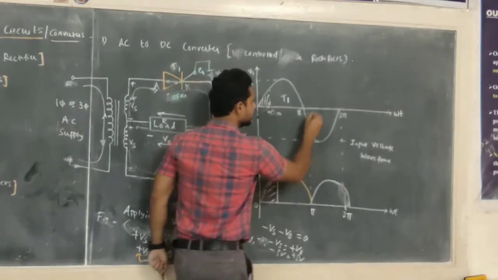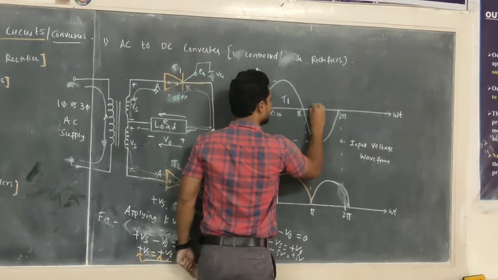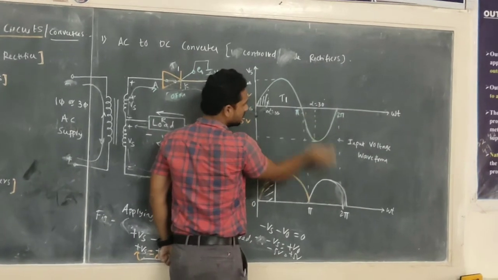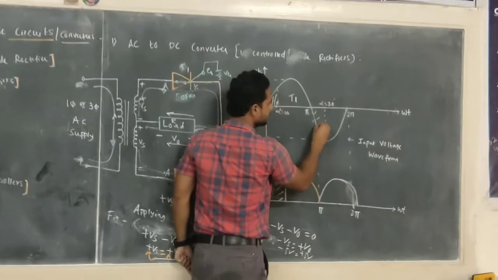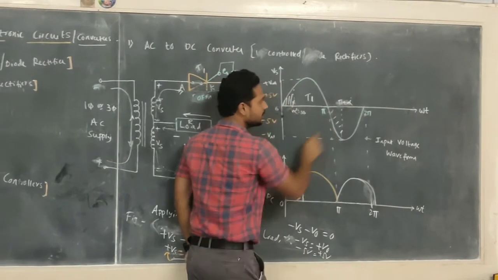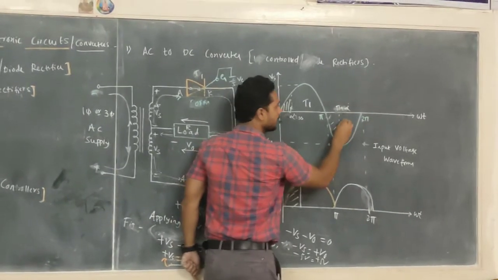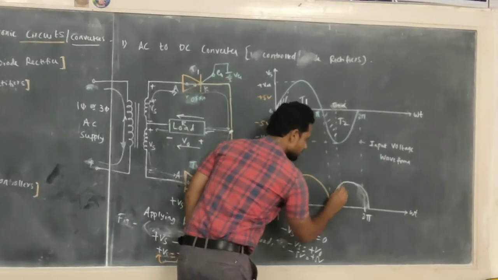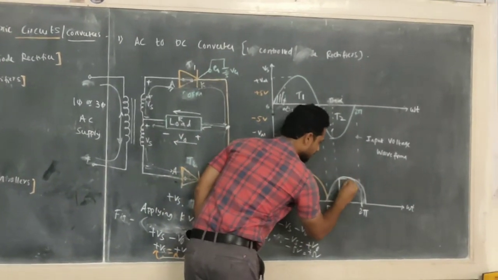The same thing holds for the negative half cycle. Again, you can set a firing angle of 30 degree. Up to this time duration, your thyristor T2 will not conduct. Let us say this is pi plus alpha; from pi plus alpha to 2 pi, your thyristor T2 will conduct. Therefore, this portion of output voltage will be eliminated.